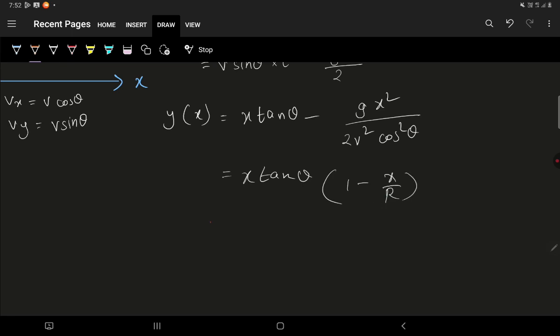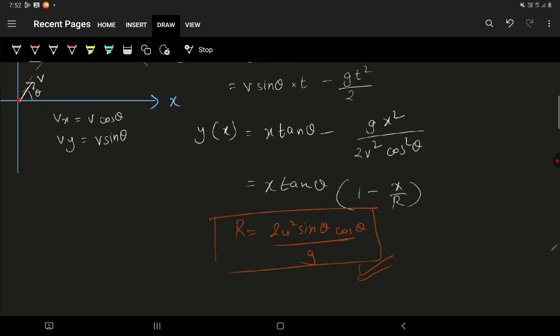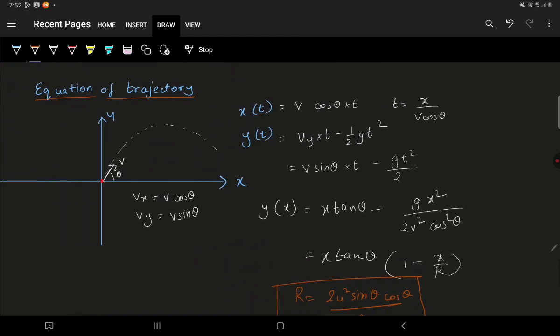That is, capital R is equal to 2u square sin theta cos theta by g, and that's the final answer. So nothing special in it, because it is just another standard result given in modern textbooks. Right? Now I'll be giving you a few important and interesting results regarding it.